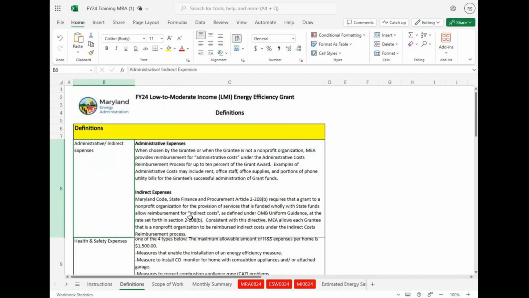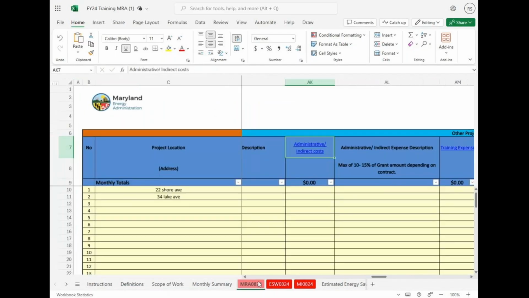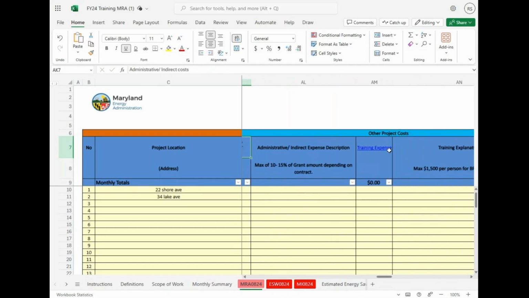So that is a great helpful tool that we have implemented into the MRA. And that will work with any linked headline. So as you can see here, the training expenses, this will also bring you to that definition to let you know exactly what that covers and what is allowed and what is not.